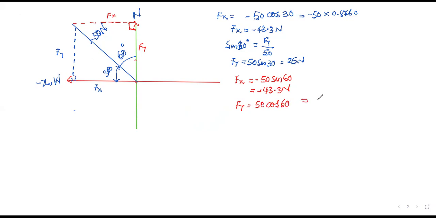Cos 60 is half, so 25. And this is positive. It lies within the positive y-axis. Okay, I can also do the same thing by considering the whole angle it makes.